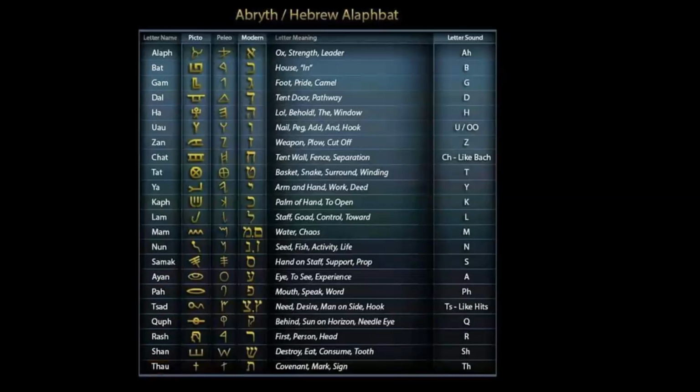Of course, these are the letter roots, and you will find slight variations of these letters.